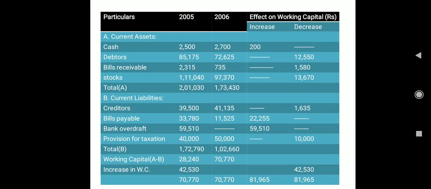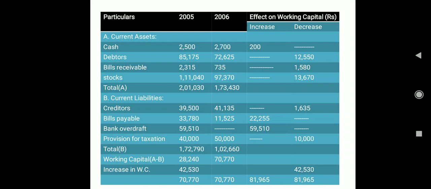Then we have to recall our general rules to prepare the statement showing changes in working capital. I hope you remember: increase in current asset, increase in working capital. Last class also I told you, if you remember this one, the remaining three will come automatically. Increase in current asset, increase in working capital.